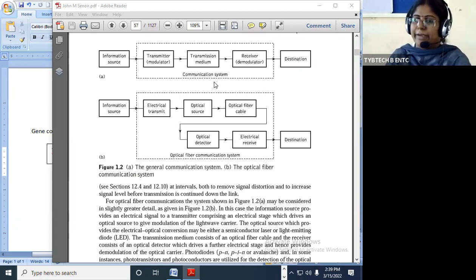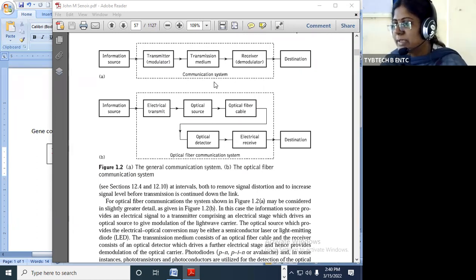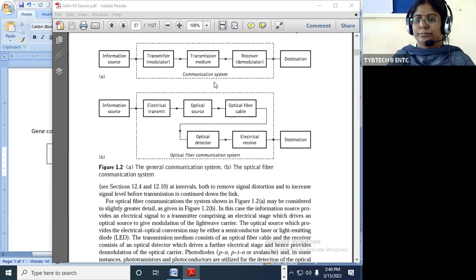Next, electrical receive. It recovers the original signal from the received signal and gives it to the final destination.